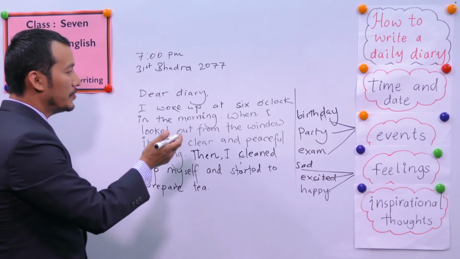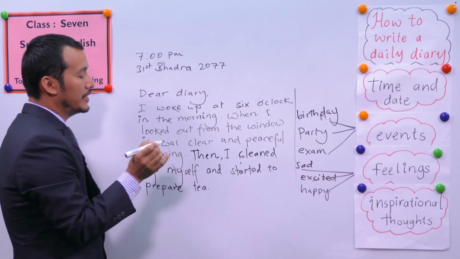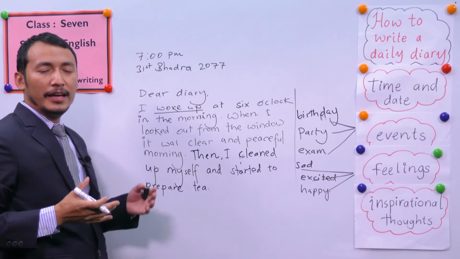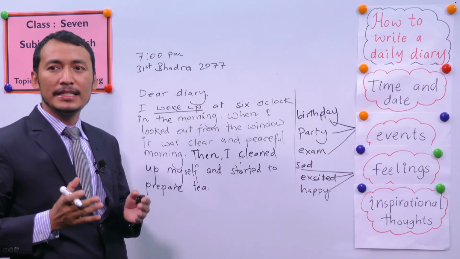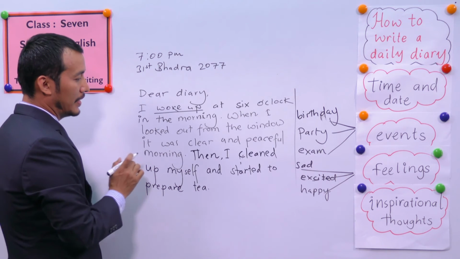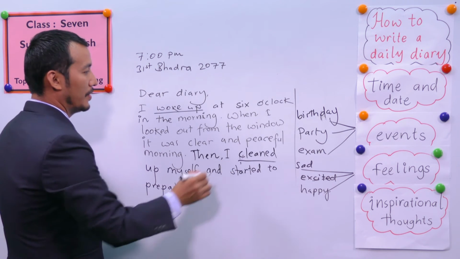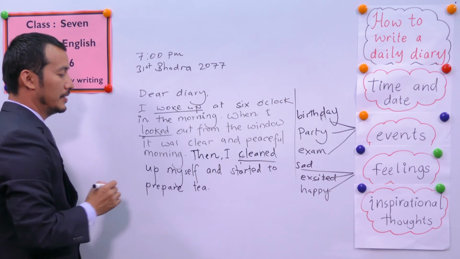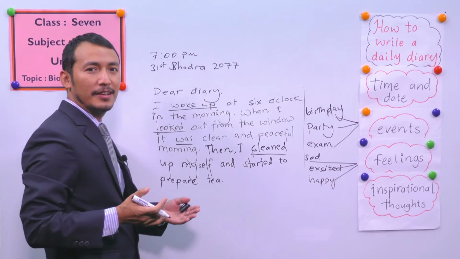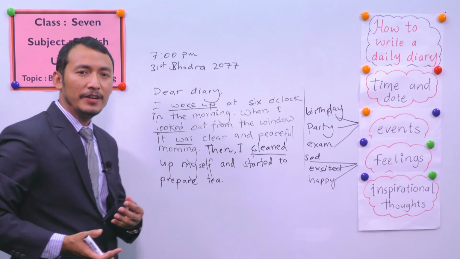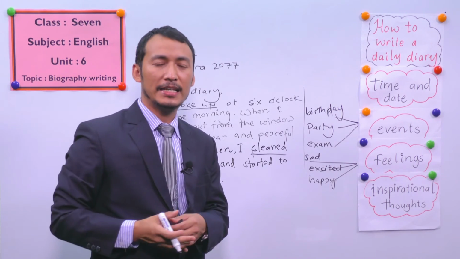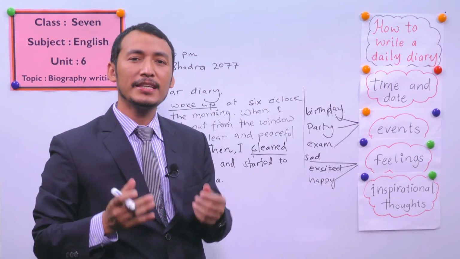Okay? What you have to take care of is that you have to write in past tense. You have to write the verb in past form. Like you woke up, I cleaned, I looked out, it was, okay? Because it's past time. You have already passed that activity, and you are going to describe that activity in the past. So you are writing in the past tense.